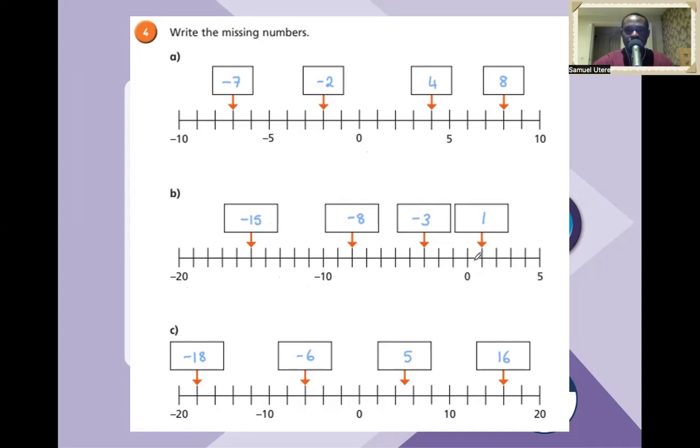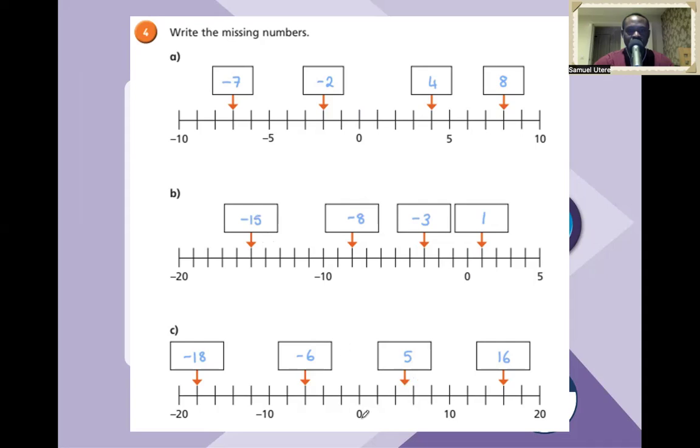So it means each of the interval is worth 1. So that should be 1, 2, 3, 4, 5. So if each of these is 1, then that has to be -3, that has to be -8, and then counting, -11, -12, -13, -14, and -15.